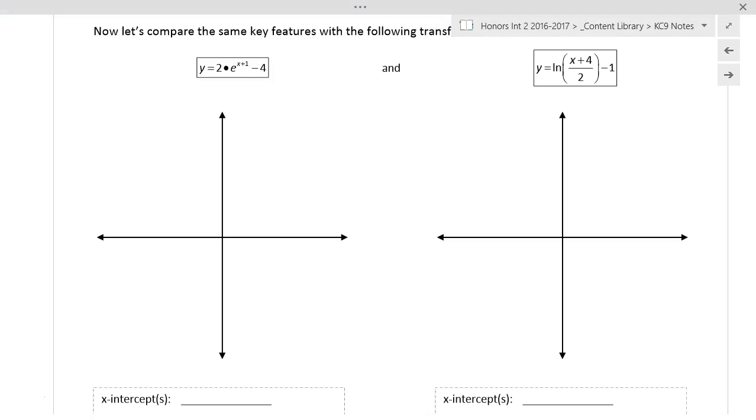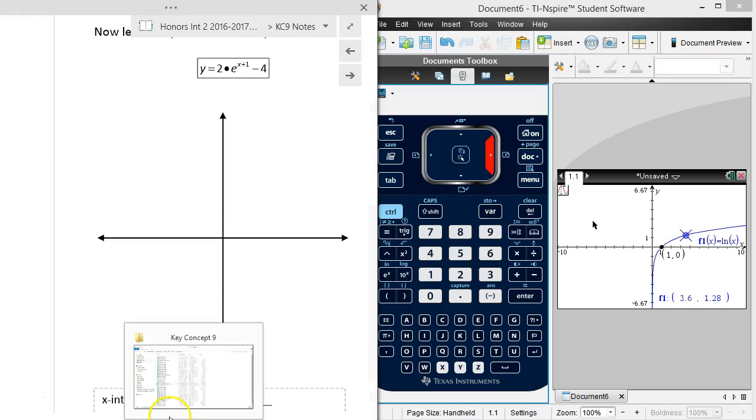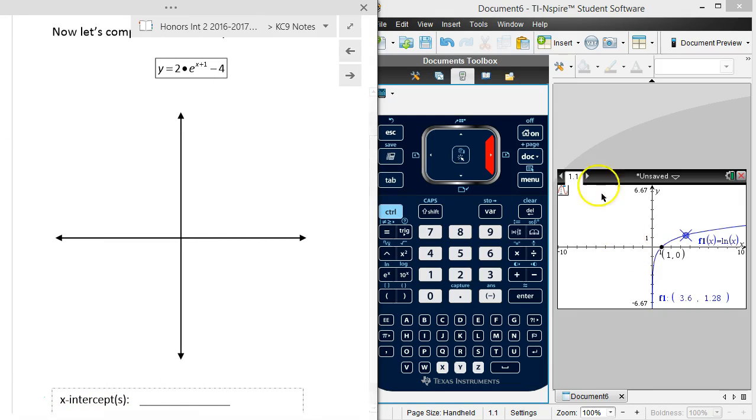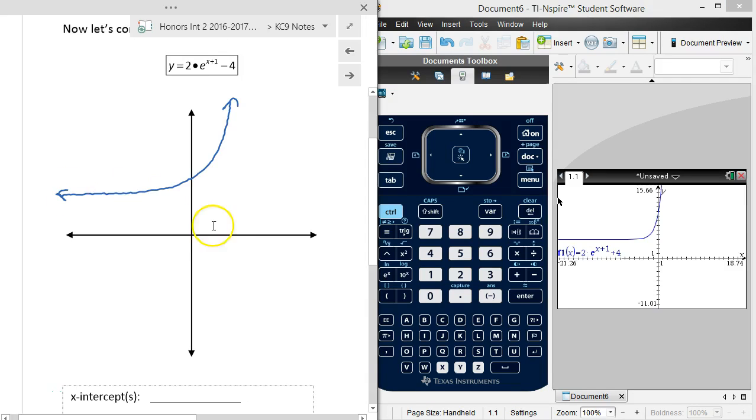I'm going to pull this back over here. So here, I'm going to delete this function. I'm now going to do 2 times e to the x plus 1, and I have to come out of my exponent and do minus 4.